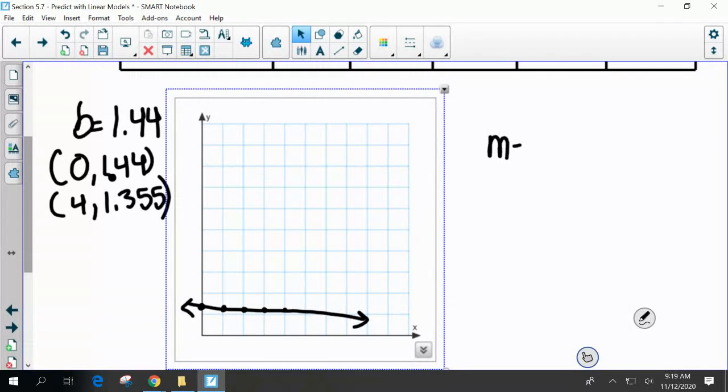So m equals 1.44 minus 1.355 over 0 minus 4.